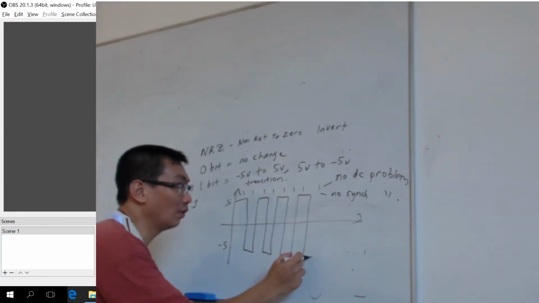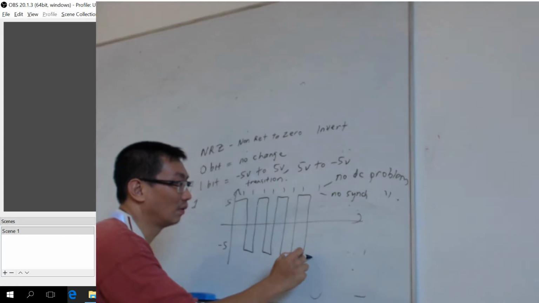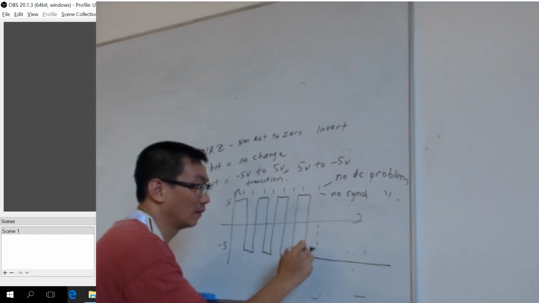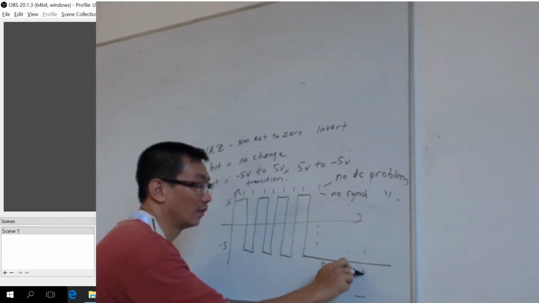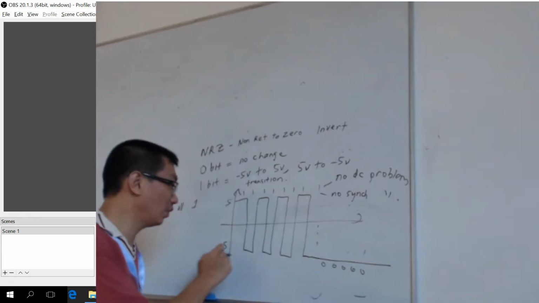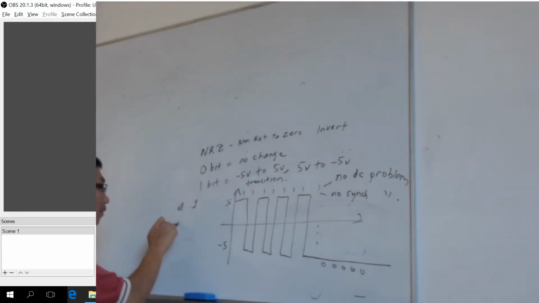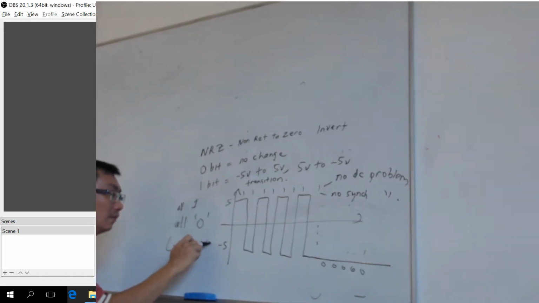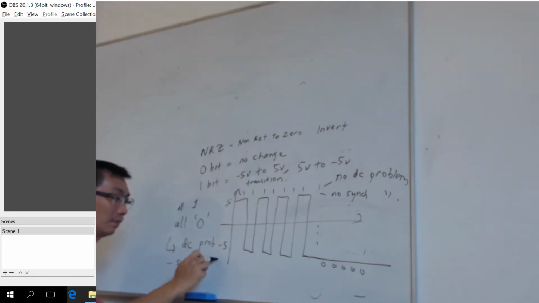Let's say from here onwards you send all 0s, then it will be like this here. If you send all 0s, you will still have a DC problem and you still have a synchronization problem.